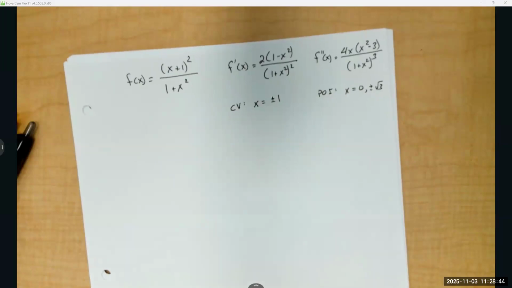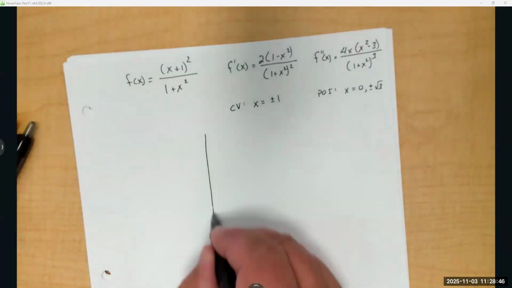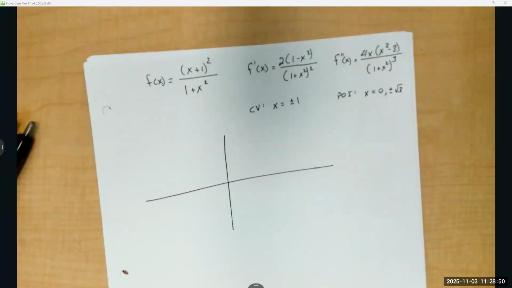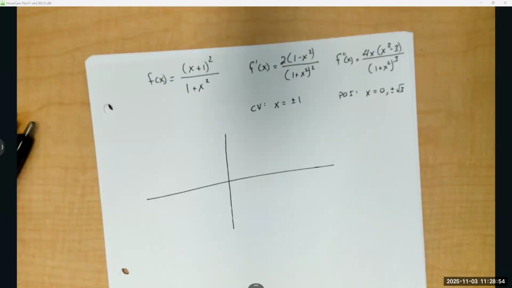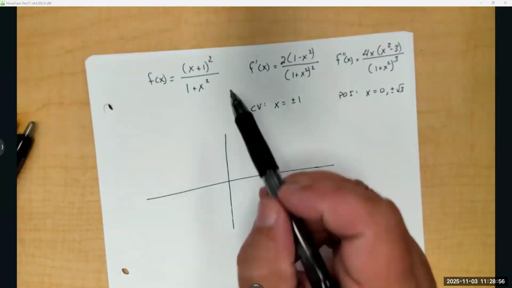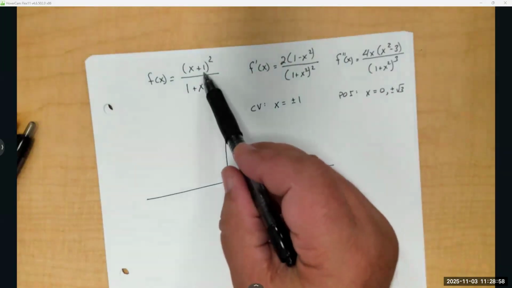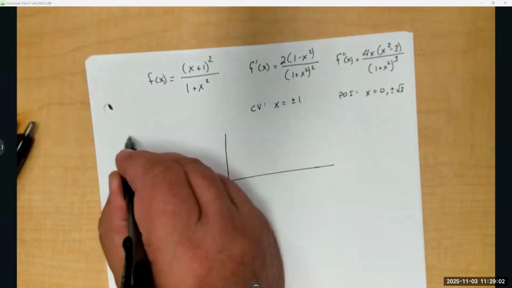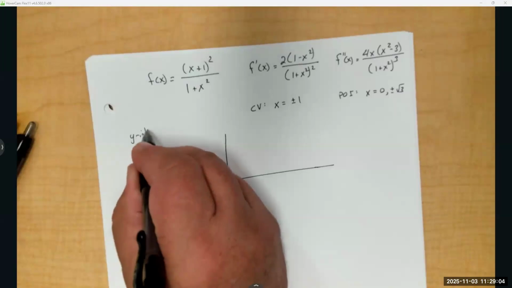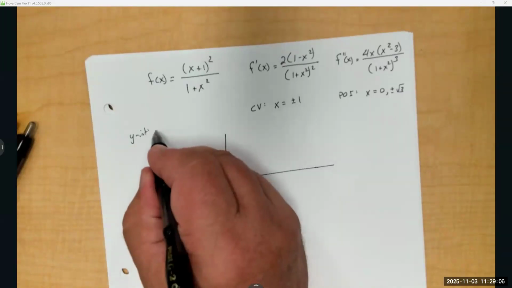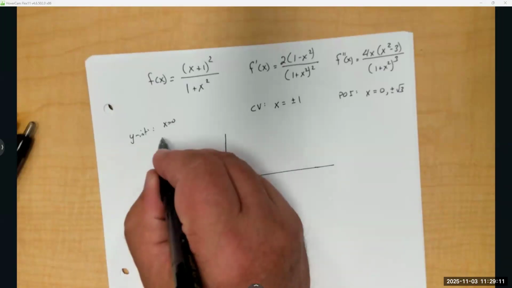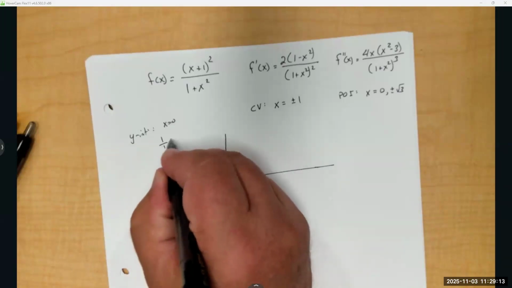All right, so let's look at the graph of this thing now. So the y-intercept, if you set x equal to 0, we get 1 over 1, which is 1.